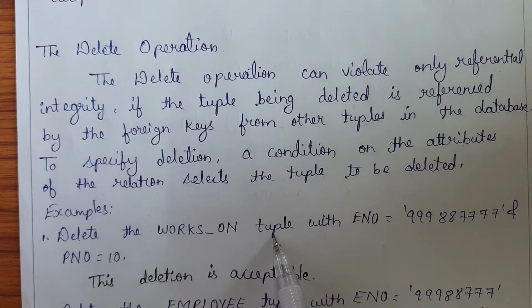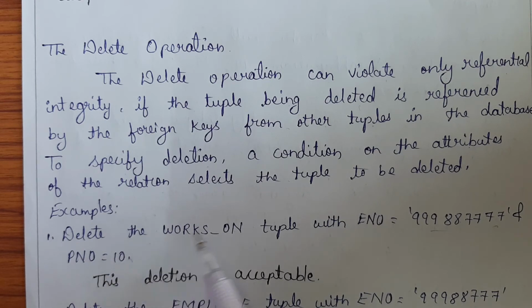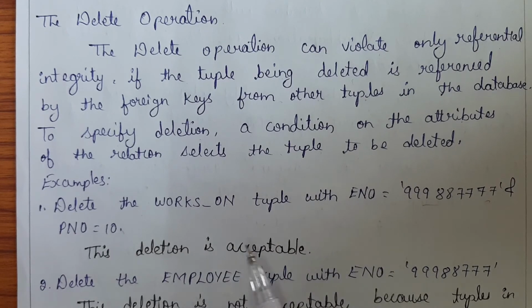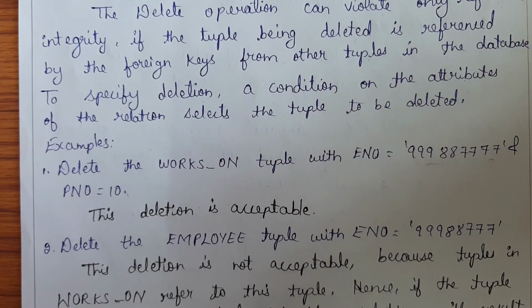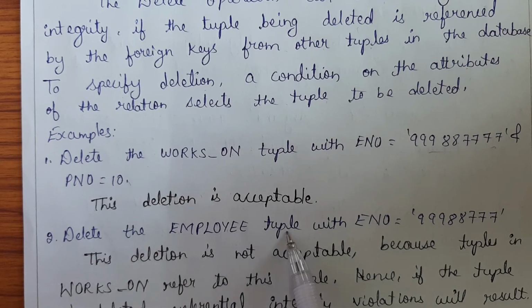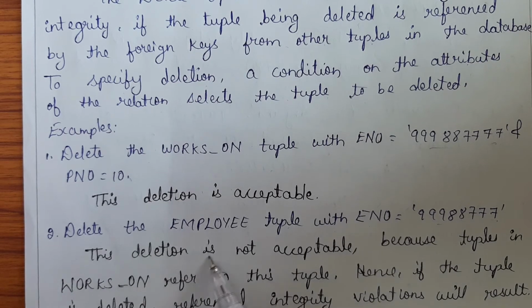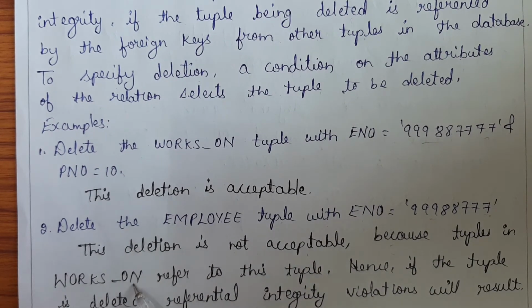Delete the works on tuple with the employee number and the project number 10. We have specified the details correctly, so this particular row will be deleted. This deletion is acceptable. Next, delete the employee tuple with the employee number. This deletion is not acceptable because of the tuples in works on.